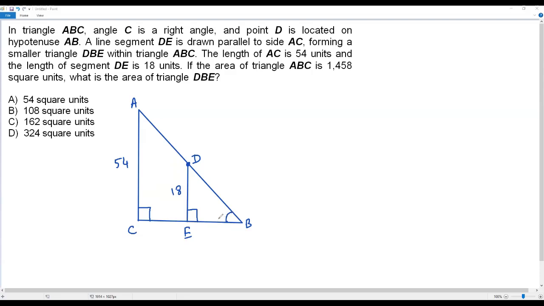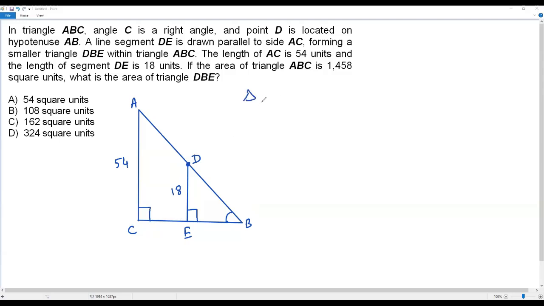So by the angle similarity postulate, the triangle ABC and triangle DBE are similar. Because in the bigger triangle ABC we have a right angle over here, in the smaller triangle DBE we have a right angle over here, and B is a common angle for both triangles. So two angles of the bigger triangle ABC are congruent to two angles of the smaller triangle DBE. So by the angle similarity postulate, the two triangles are similar.